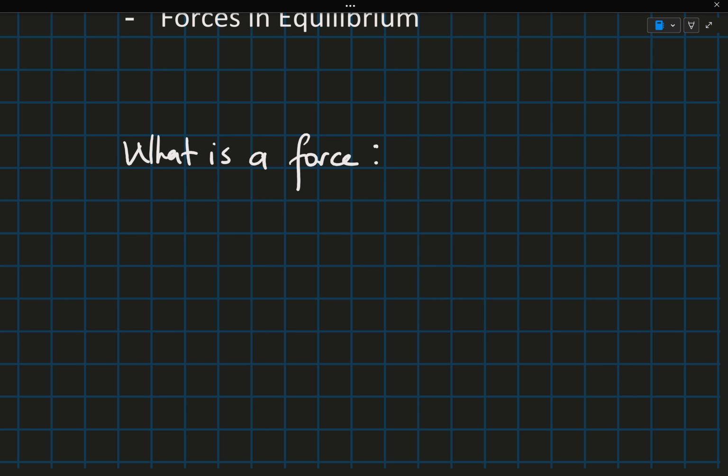This is where the interactivity comes in. So, Shanique, could you give us what a force is? Not an example, but a definition. From doing physics so far, what do you think a force is?